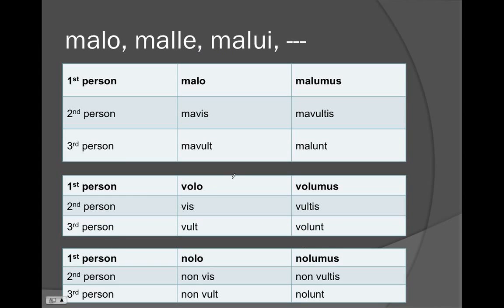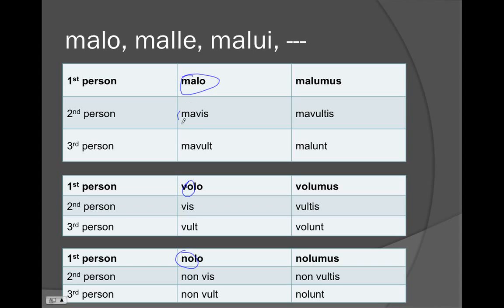On to malo. Just to review, we had volo, vis, volt, volumus, voltus, volunt, and nolo, non vis, non volt, nolumus, non voltus, nolunt, which contracted in those situations where volo had an O. We're going to see the same thing here. We're going to have malo.